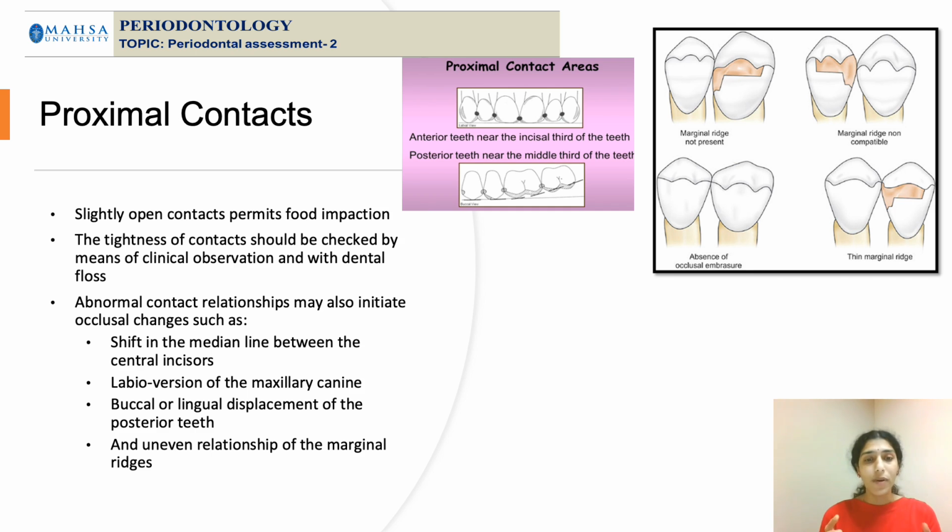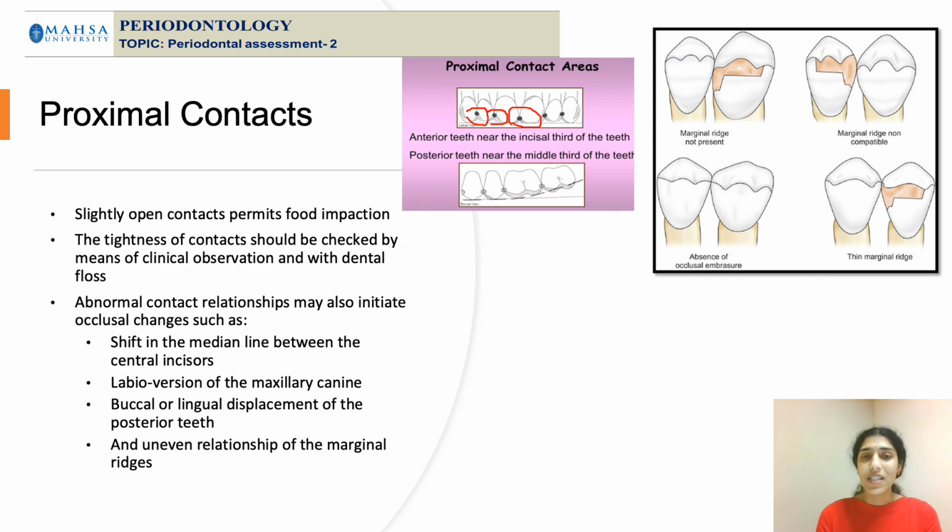Normally, as you can observe in this picture, the proximal contacts in the anterior teeth are present at the incisal third of the tooth surface.